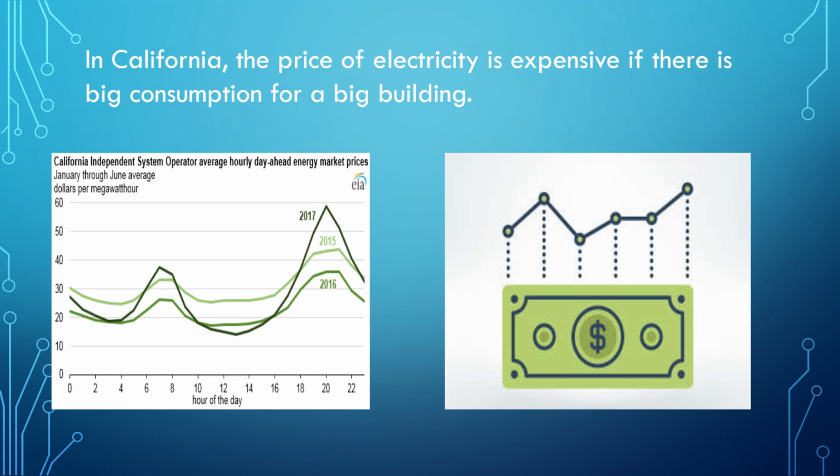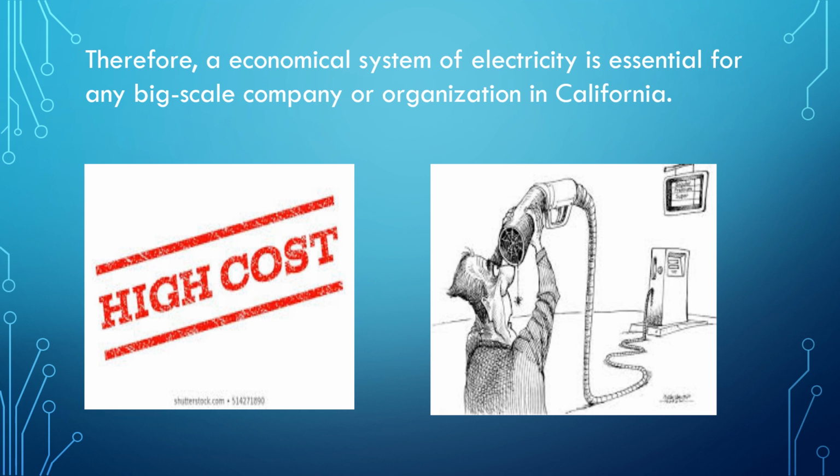You can see in these figures that the price of electricity in California increases year by year. So for a big building, it's a big consumption. Also, an economical electricity system is essential for any big-scale company because otherwise it means high cost.